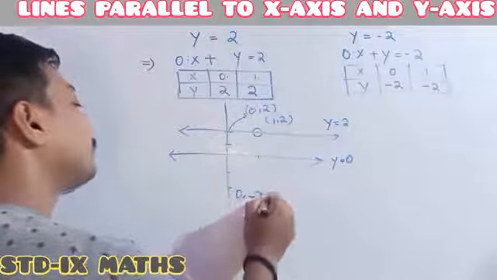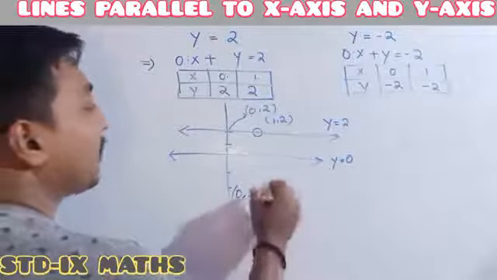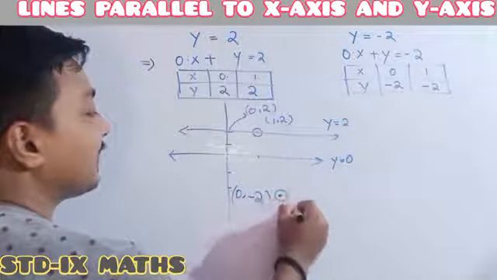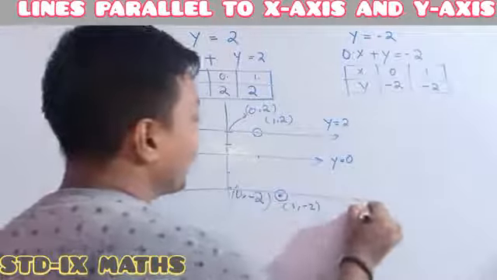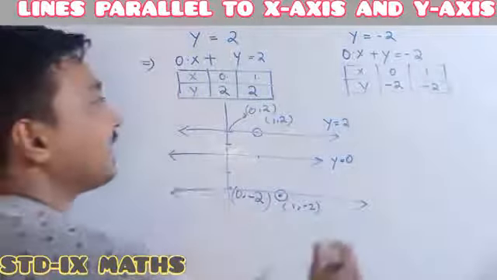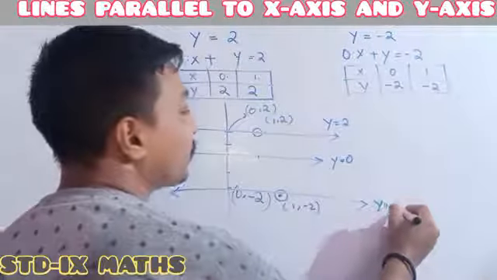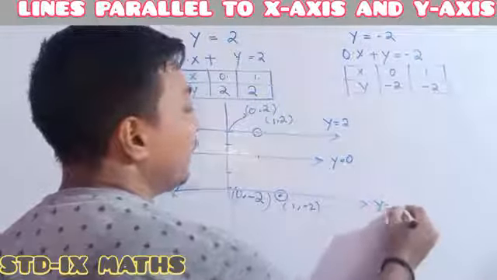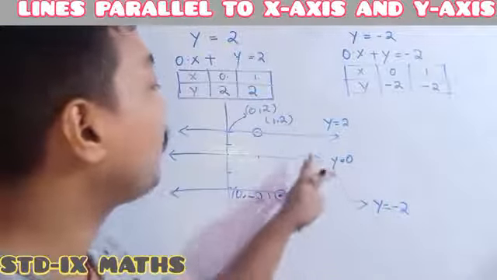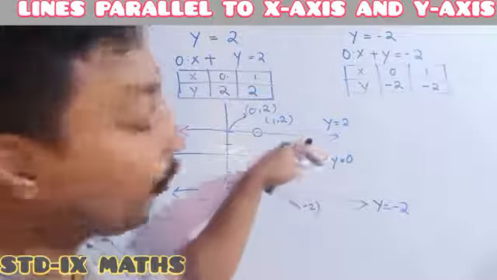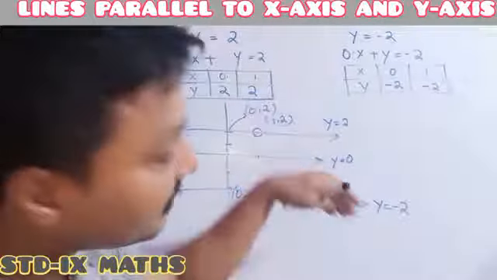Then 1, minus 2 is here. So on joining the 2 points and extending, I get y is equal to minus 2, the line which is parallel to the x-axis at 2 units towards the downside.